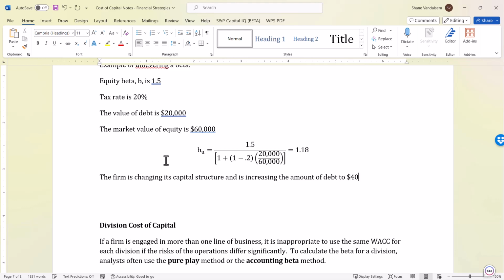So it's increasing the amount of its debt to 40,000, and it's going to take that additional 20,000 of debt and repurchase $20,000 in stock.